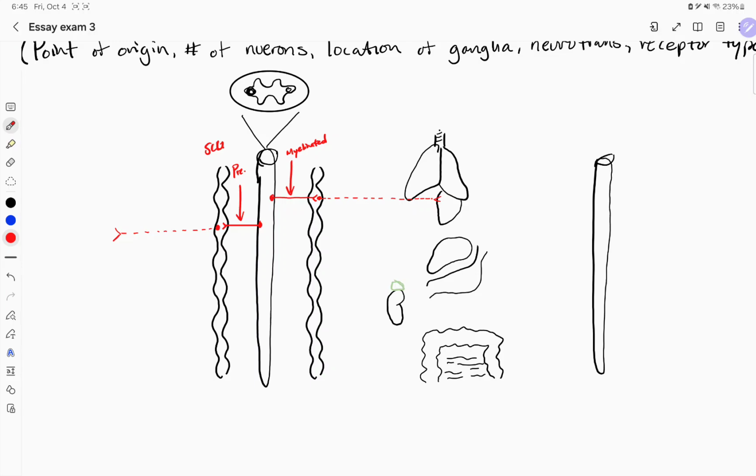And these postganglionic neurons will then synapse on cardiac muscle, smooth muscle, and glands in the body. And these are, again, our sympathetic nerves.